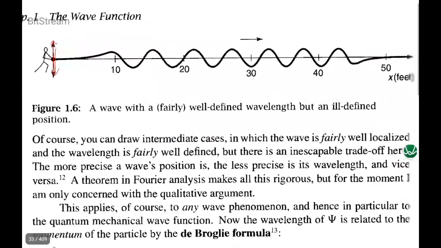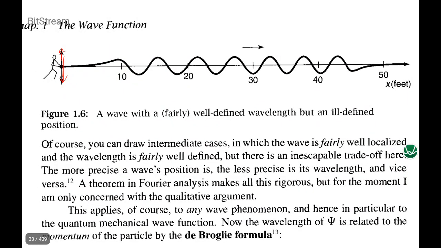Here in our picture, our wave is existing between 10 and 40. I don't have a good answer for where the wave is. But if you ask me what the wavelength is, peak to peak being lambda, I could give you a very good measurement of what lambda is.